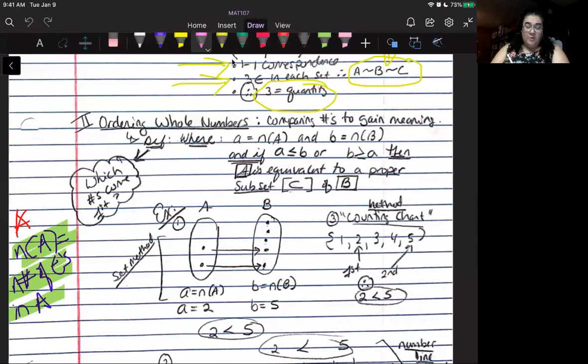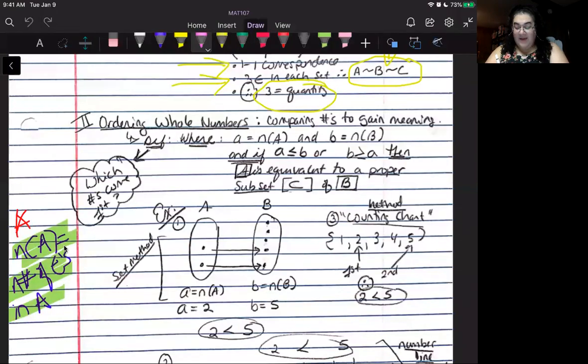So a little symbol that I want to draw your attention to, if you'll notice over here, we have the N and then parentheses, uppercase A. This symbol here, or this notation, means the number of elements in a particular set.